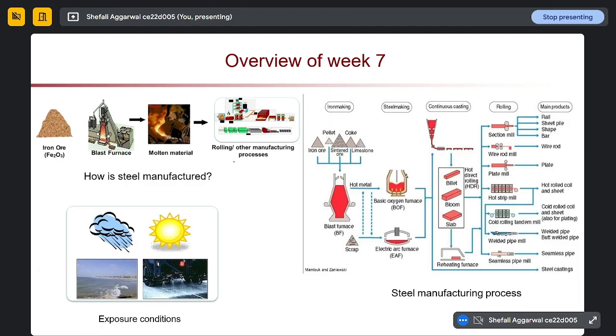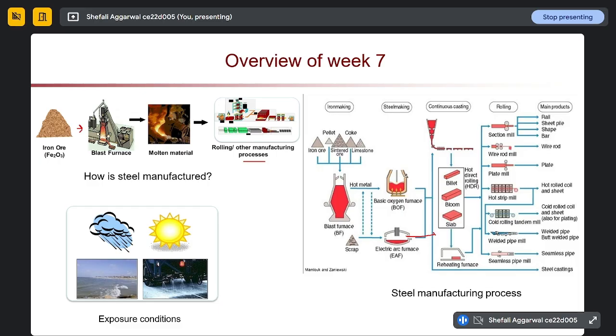So, as we have talked about, from iron ore we take our iron to the blast furnace. From there, we get molten metal. This molten metal is taken to different types of molds, and we get the different iron products. What type of manufacturing process can happen at these stages?